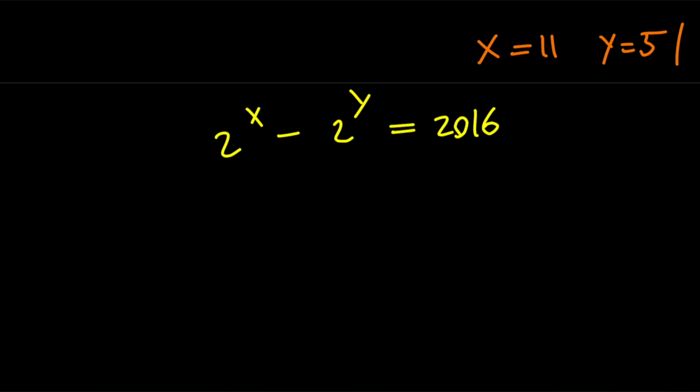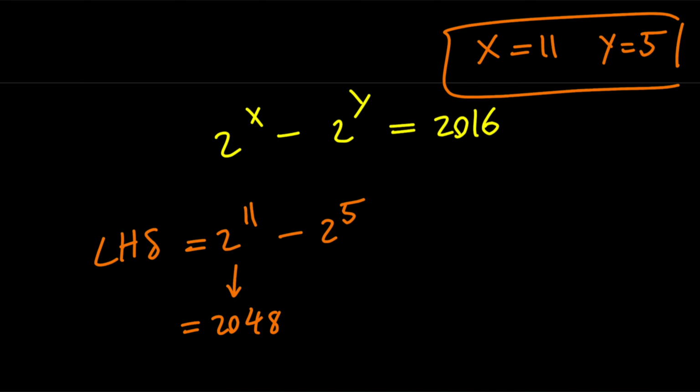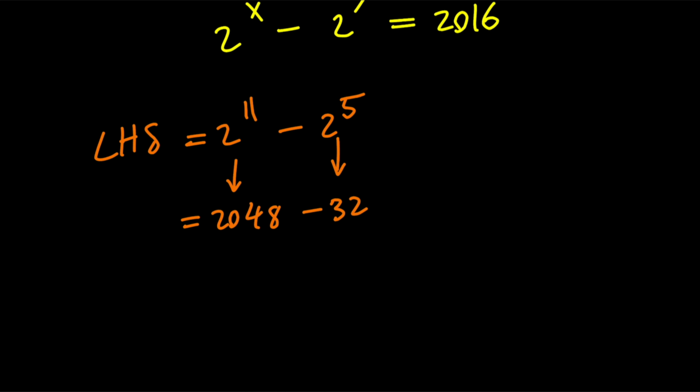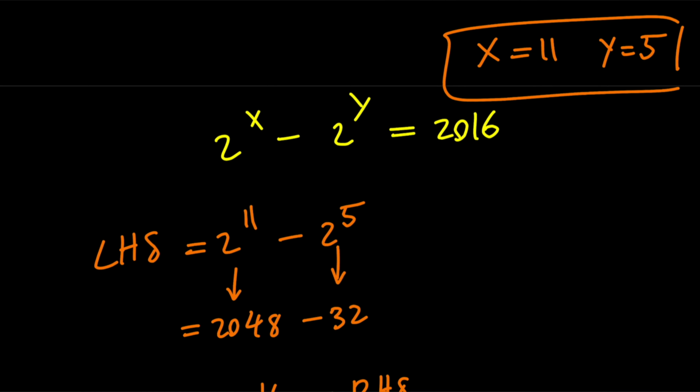Therefore, the left-hand side of our equation is going to be 2 to the power of 11 minus 2 to the power of 5, which is 2048, which is 2 to the power of 11, minus 32, which is 2 to the power of 5. And this subtraction is going to be 2016, which is the right-hand side of our equation. So x equals 11 and y equals 5 does satisfy our equation. Therefore, it is a valid solution.